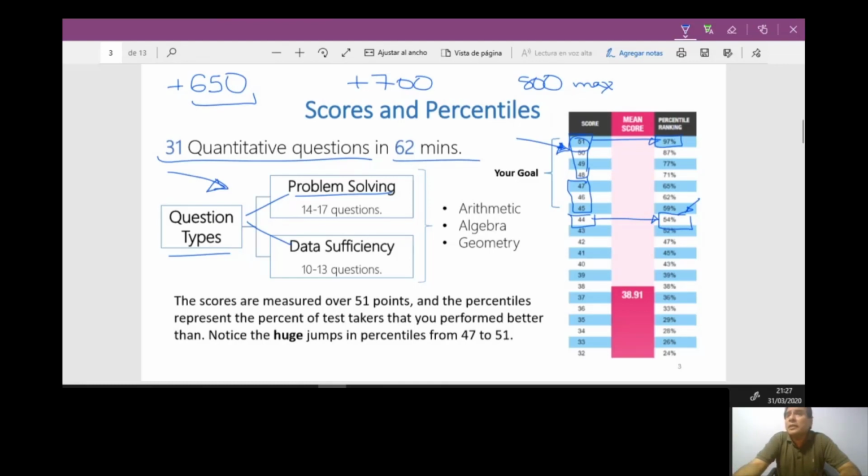The second type is called data sufficiency. You have fewer questions here. This is a special format that we will discuss the rest of this session. The data sufficiency format is very interesting.